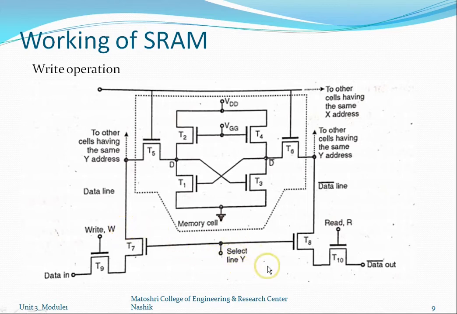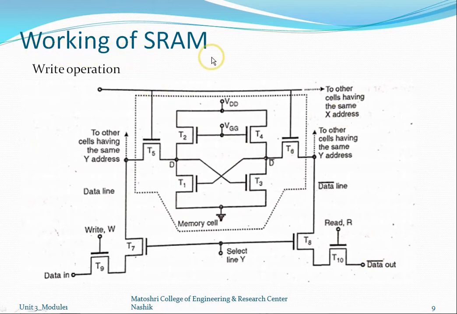When Y equals 1, that is, if a high signal is applied on the Y select line, then MOSFETs T7 and T8 are activated and hence writing and reading operations can be performed. If we make the write input high, writing operations can be performed. If we make this write input low, reading operations can be performed.